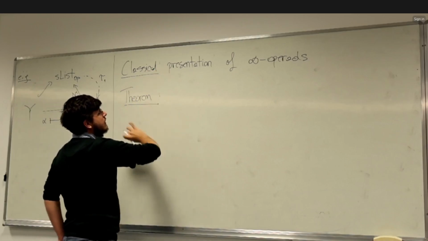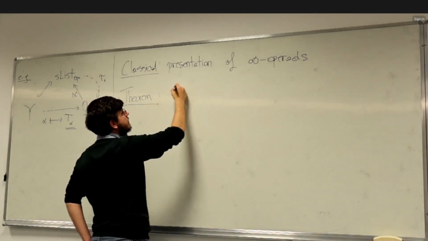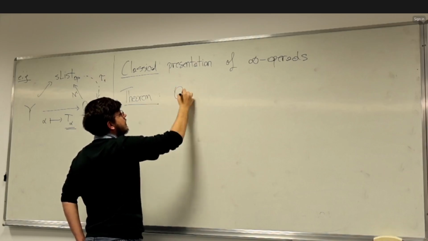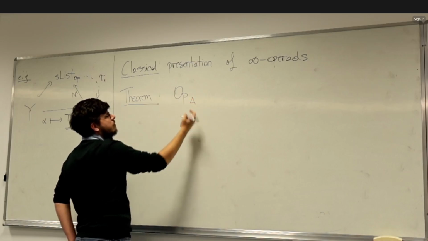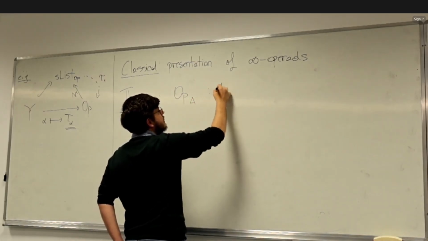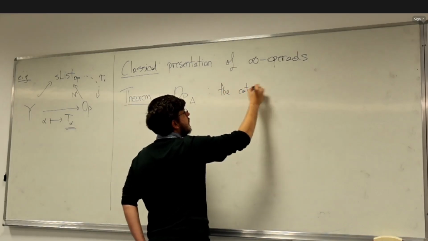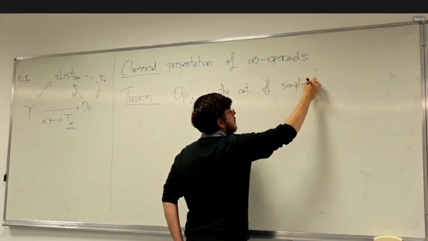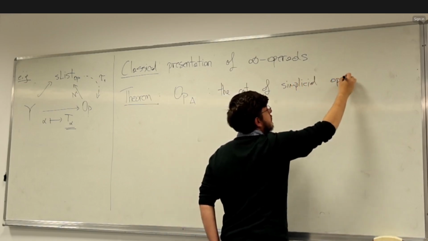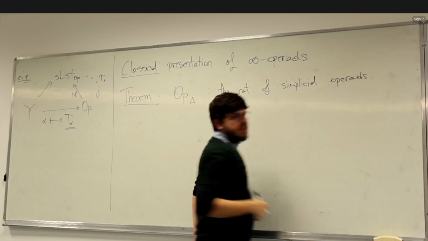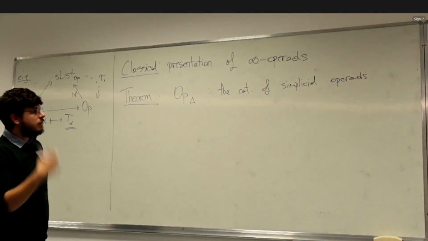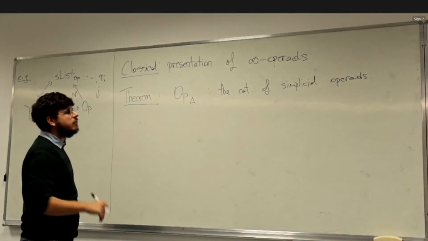Okay, so I'll state a brief form of it, but let me denote by op delta the category of simplicial operads, by which I mean simplicially enriched operads. It's just like simplicially enriched categories, simplicial categories. This is unfortunate confusion, but anyway.